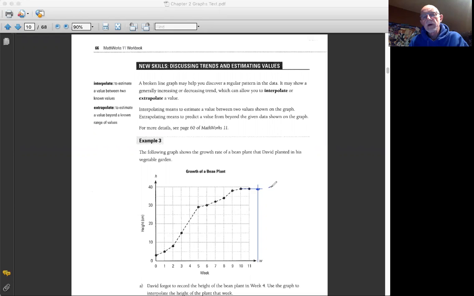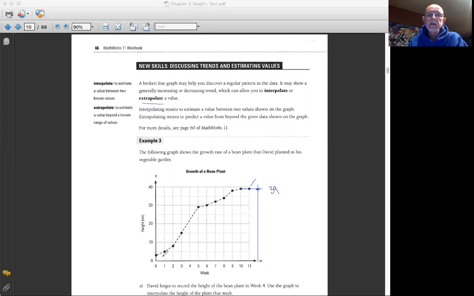So my guess is that it is at 39 centimeters. It was at 39 centimeters the day before. So it has actually reached its maximum height. Okay, that's extrapolation. Extra means to go beyond. So out here in no man's land is extrapolation.